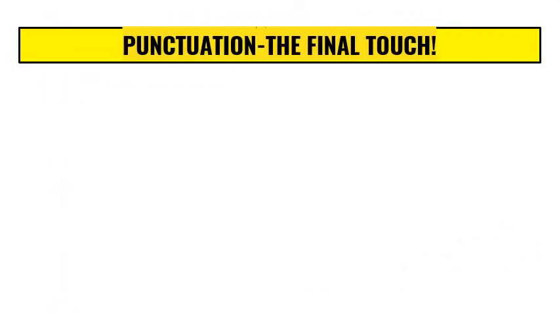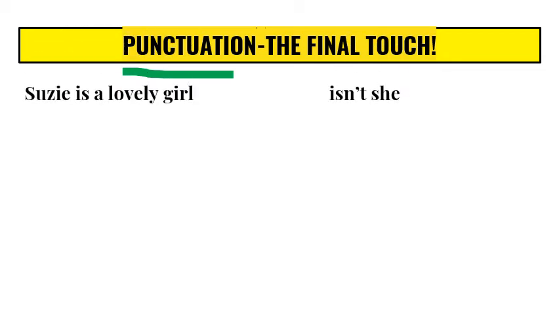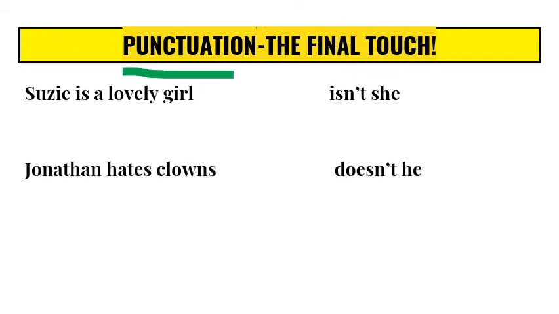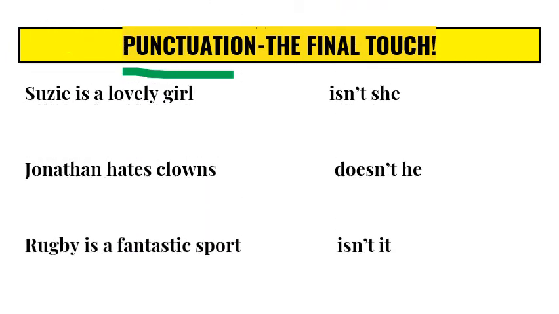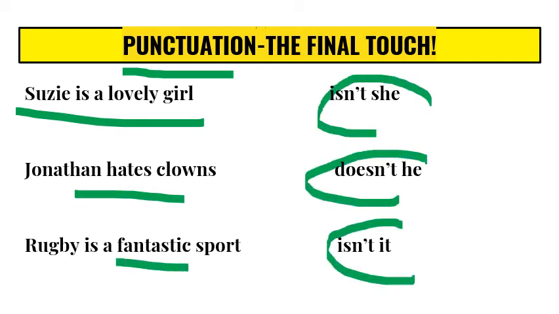The final touch that I want to focus on is your punctuation for a question tag. Susie is a lovely girl, isn't she? Jonathan hates clowns, doesn't he? And rugby is a fantastic sport, isn't it? Now I have to show my reader that I am making a statement and then I am adding a tag that is a question.